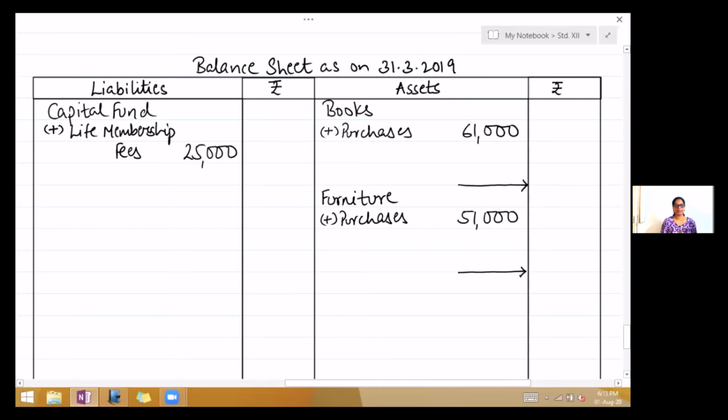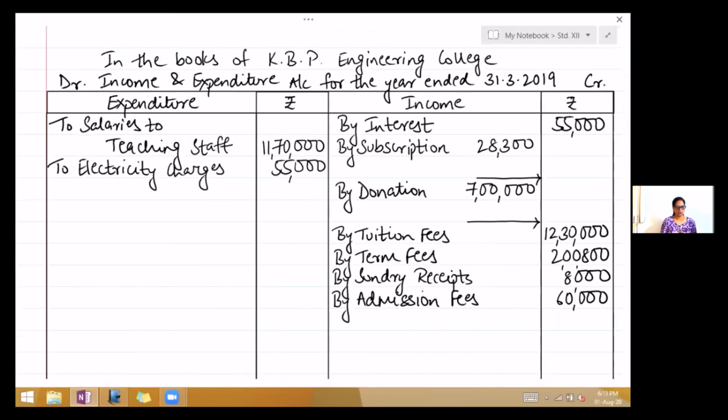Stationery is an expense. So write on the expenditure side, to stationery, 21,850. Next given is by fixed deposit 31st March 2019. Now in the additional information also they have given us fixed deposit.